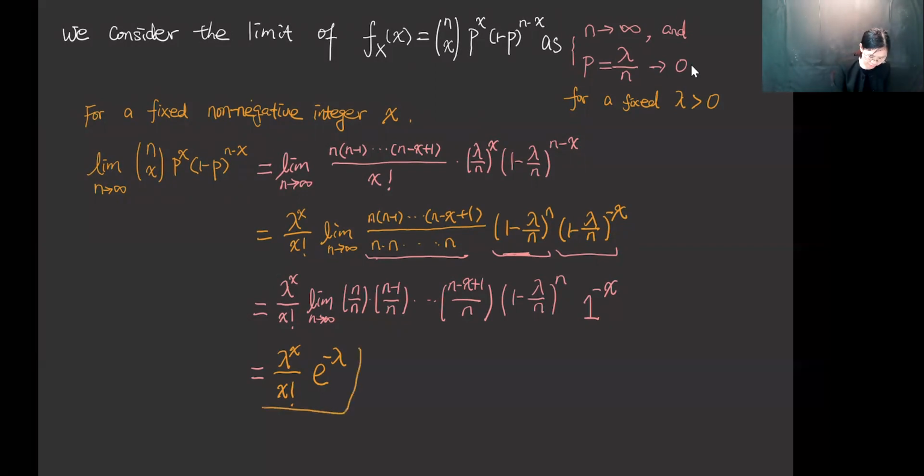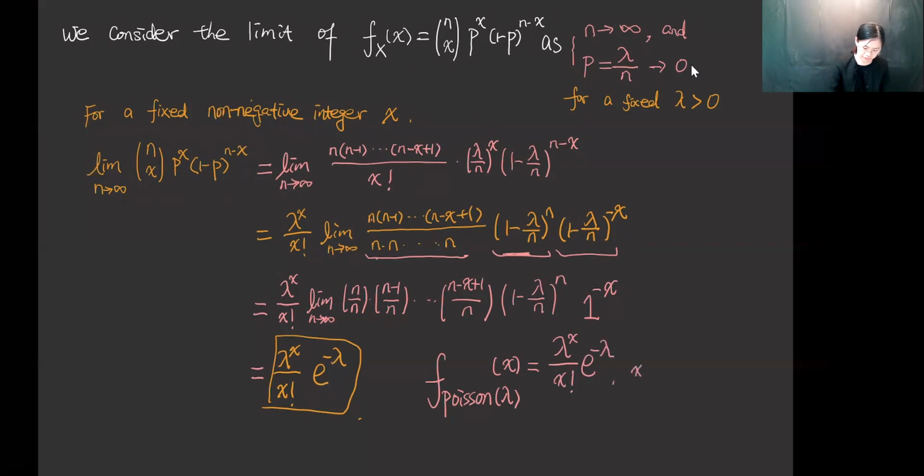And this formula is exactly the distribution function of the Poisson random variable. So the Poisson random variable, which has a parameter lambda, is exactly this: lambda to the power x divided by x factorial times e to the power minus lambda.